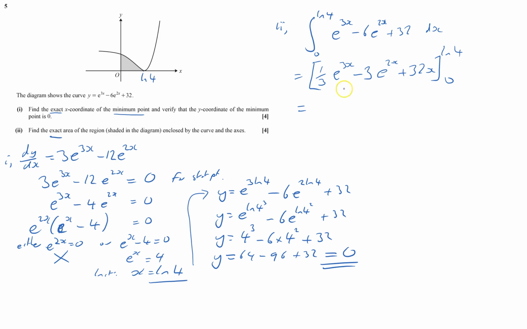And I've still got to find the exact value, so I need to be careful of this bit. So it is 1/3 of e to the 3 ln 4 minus 3e to the 2 ln 4 plus 32 ln 4, minus, and now I put in 0. Putting in 0, e to the 0 is 1, so that'll be a third, minus 3, and if x is 0 here, that is 0, so plus 0.